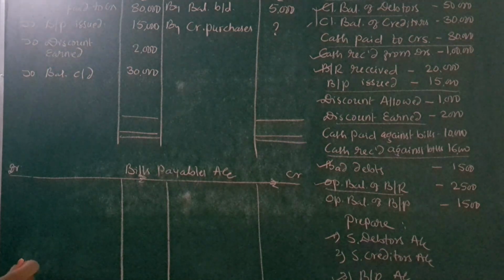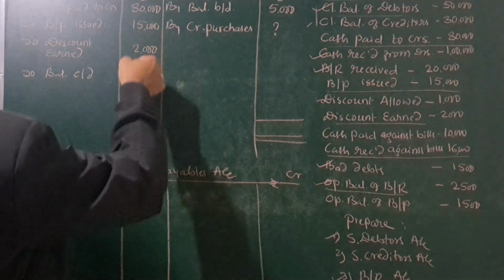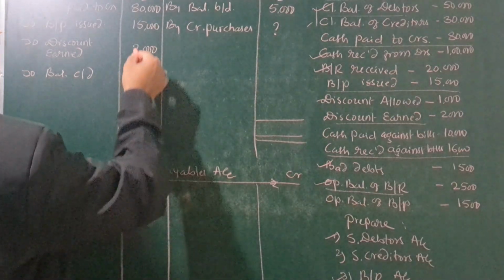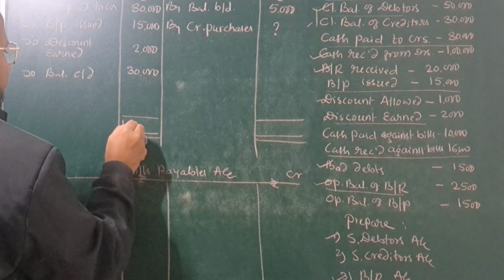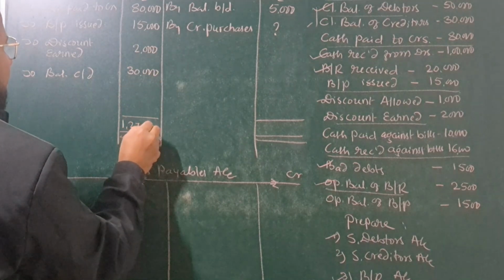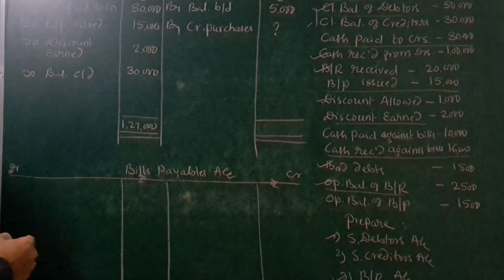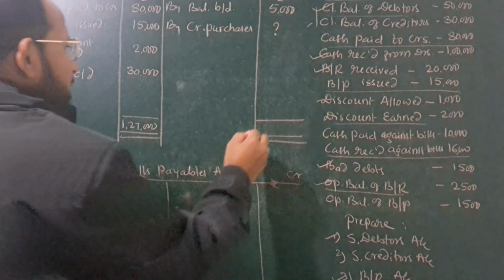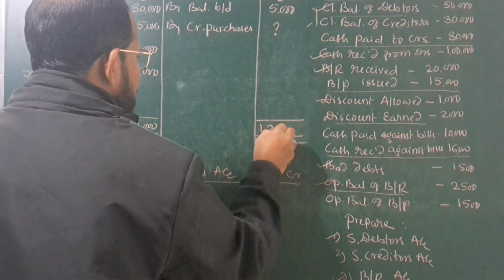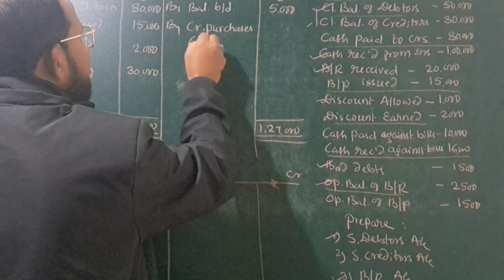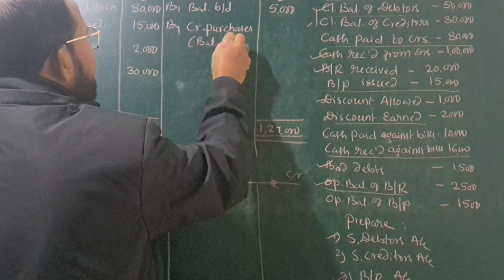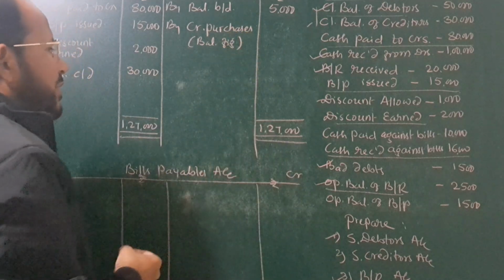We have to make the total on the debit side first. Here 95, 97, 1 lakh 27,000. Balance the account, 1 lakh 27,000, and the balancing figure represents what? Credit purchases.